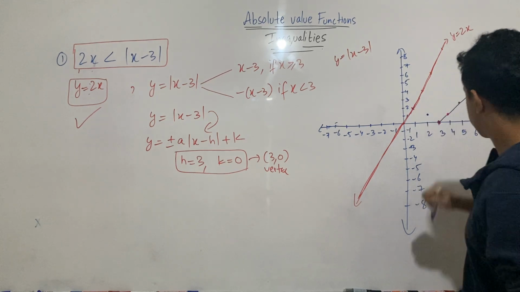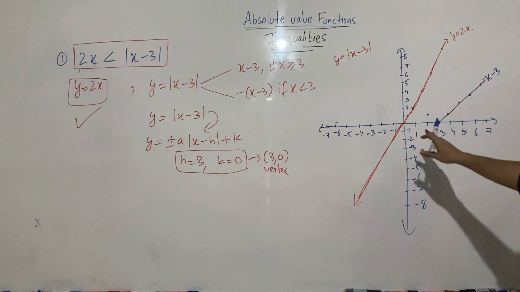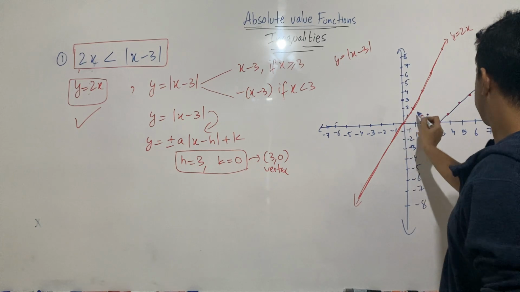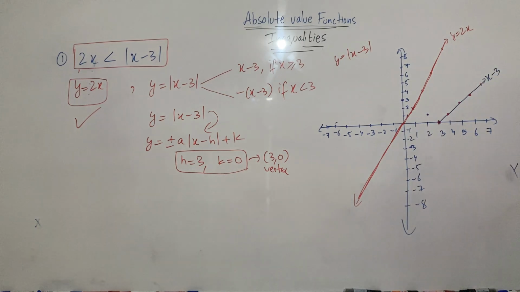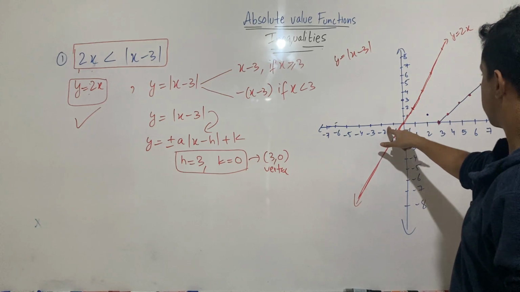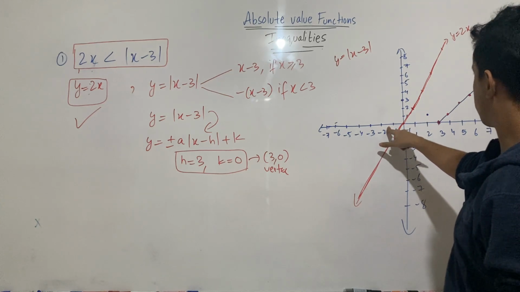And for 0, it's going to be 3, this point, right? And for minus 1, it's going to be 4.